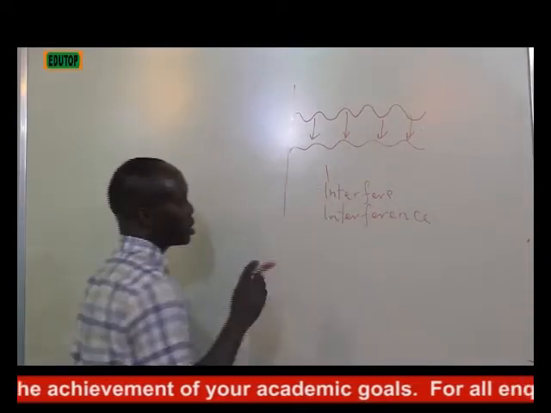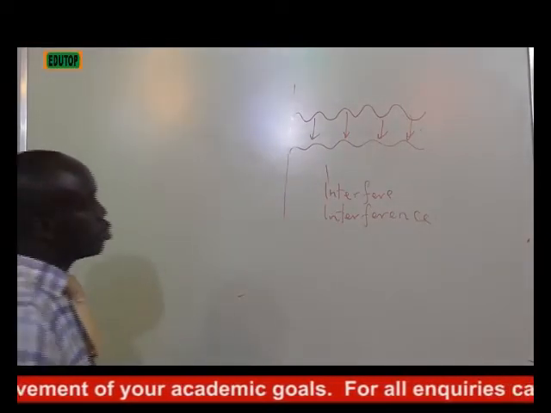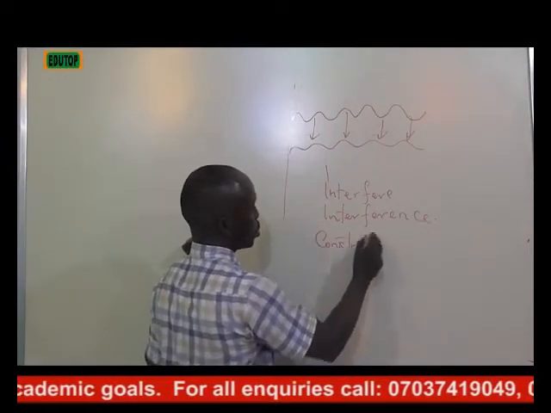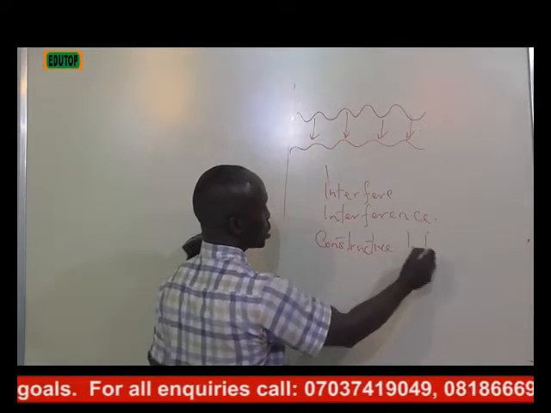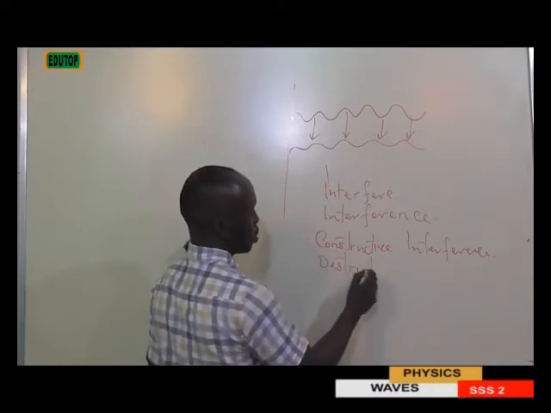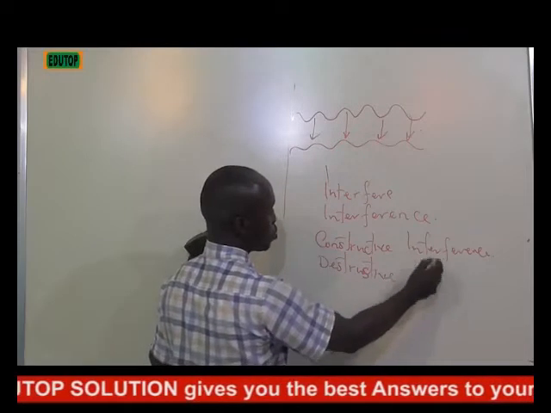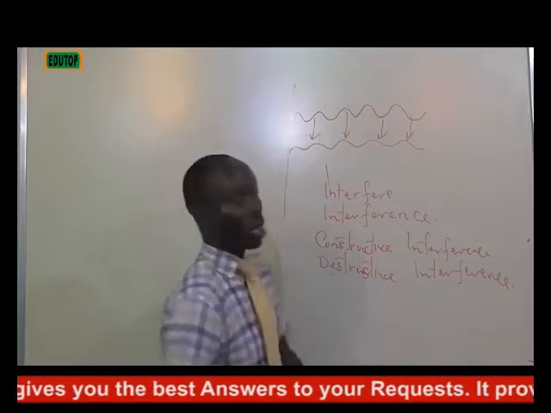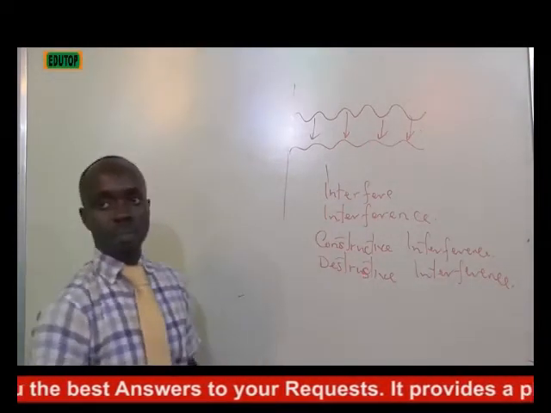Now two interference mechanisms occur. There's what we call constructive interference and destructive interference. When does a wave tend to be destructive in terms of its interference? Look at it.